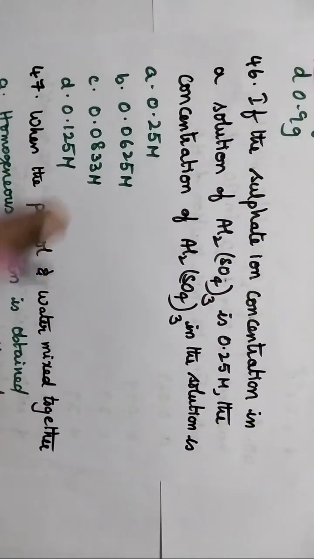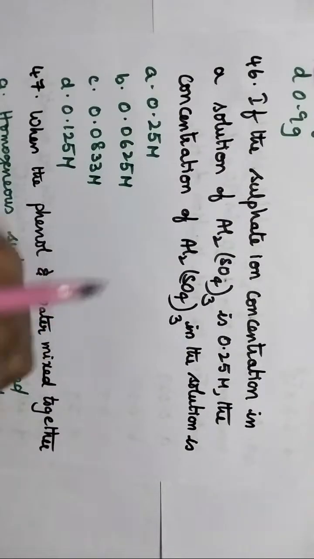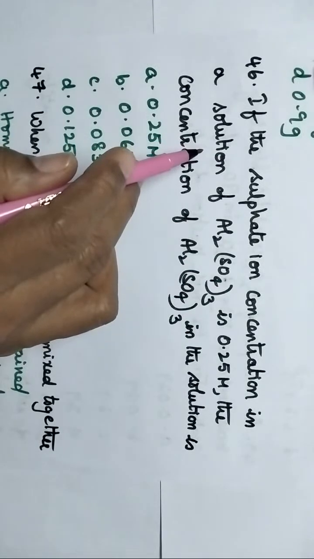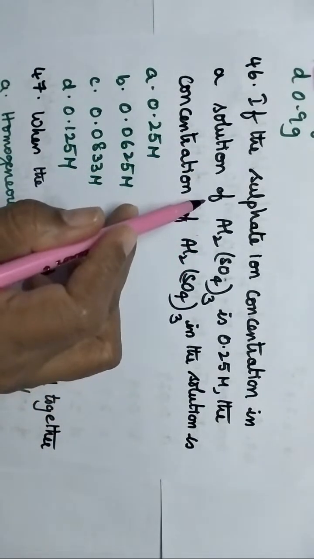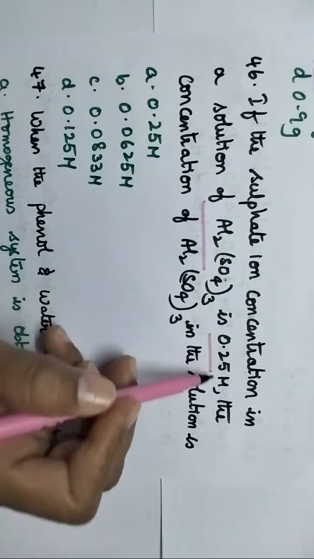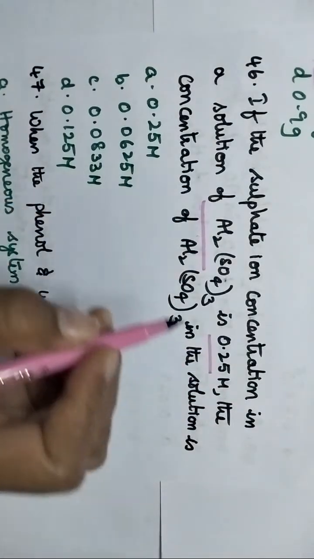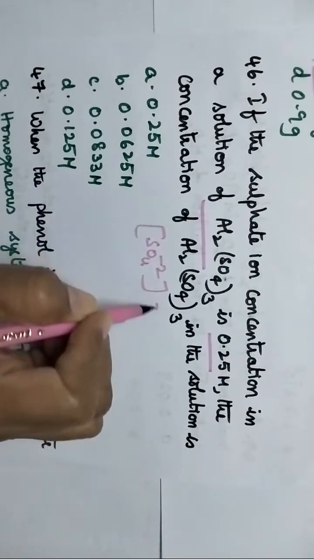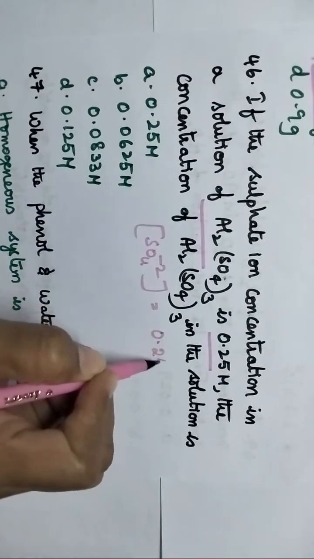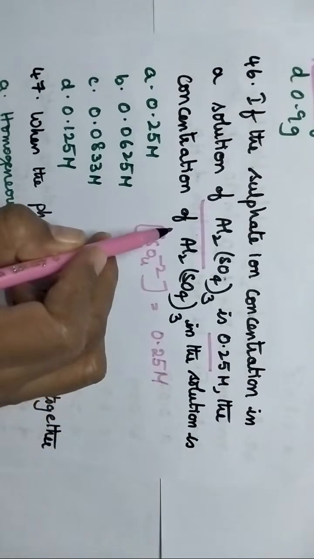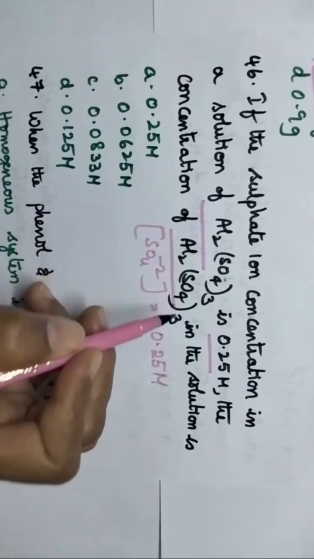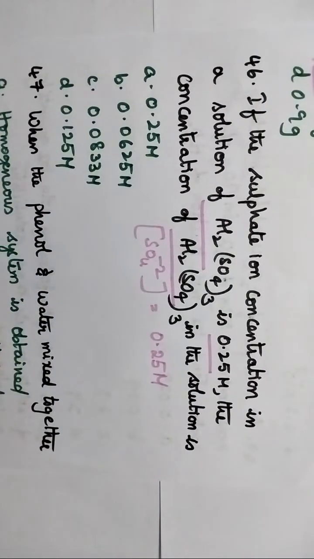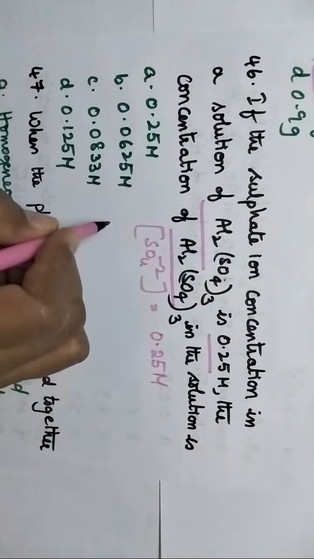Next one, here also you have to follow the logic. If the sulfate ion concentration in a solution of aluminum sulfate is 0.25 molar, the concentration of aluminum sulfate is... no need of doing all the calculations, you just follow the simple logic.